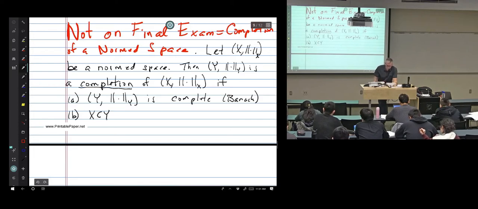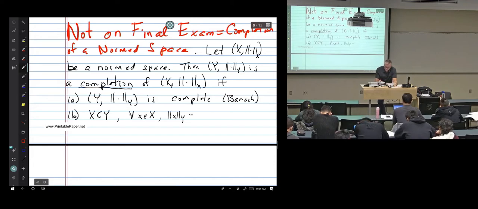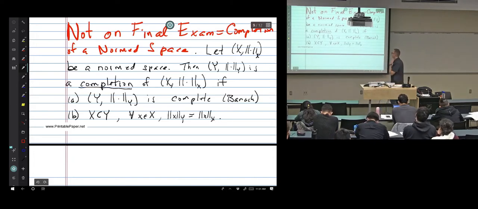B, this is where I'm lying just a little tiny bit, but x is embedded in y. X is a subset of y. And this is really the essence of the definition. And for every point in x, when you calculate its norm in y, it's the same as the norm in x. Okay?